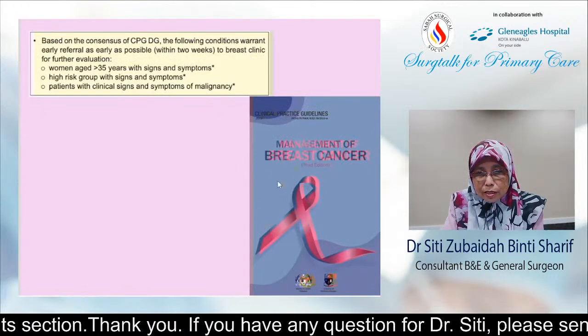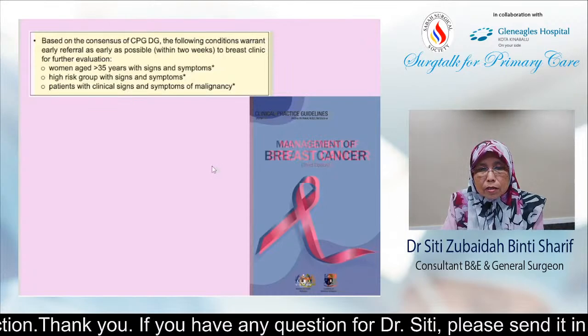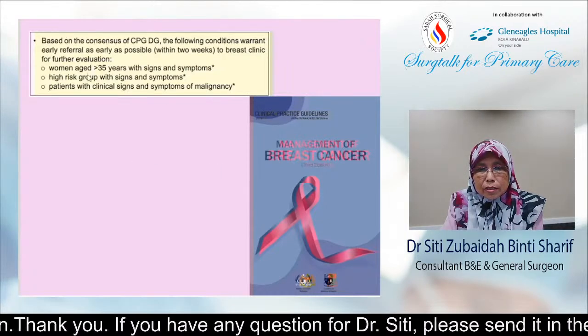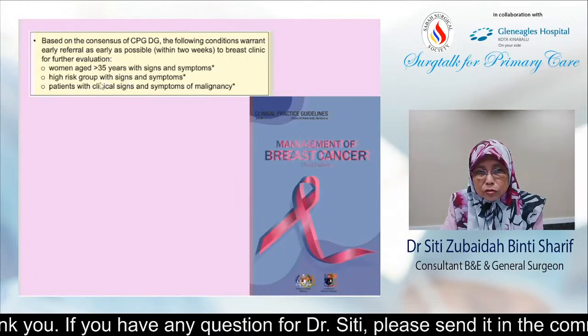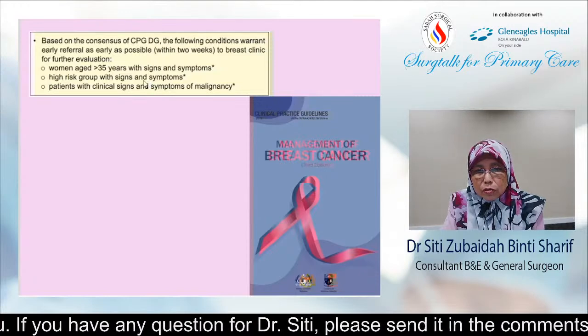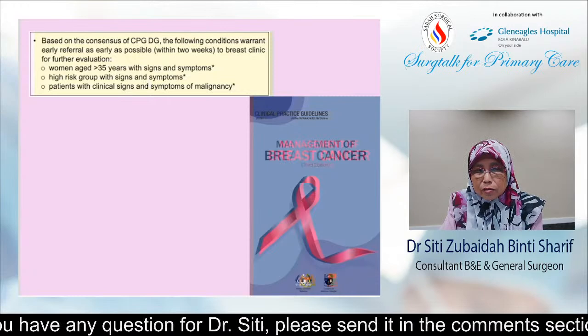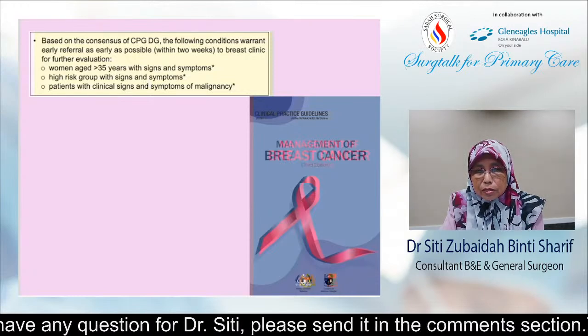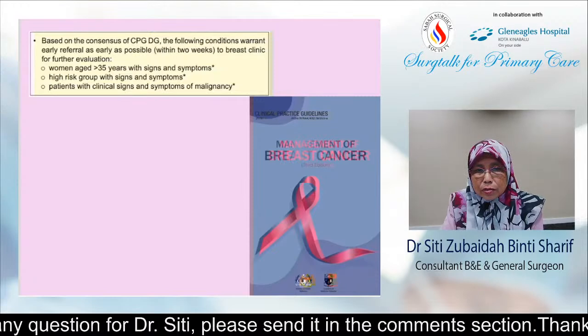From the latest CPG for management of breast cancer, these are the criteria that we really need to look into. First, a patient more than 35 years old with any signs or symptoms of the breast. Second, a high risk group with signs and symptoms.